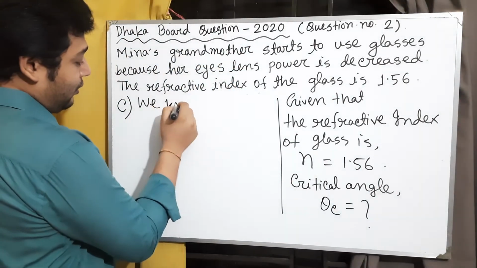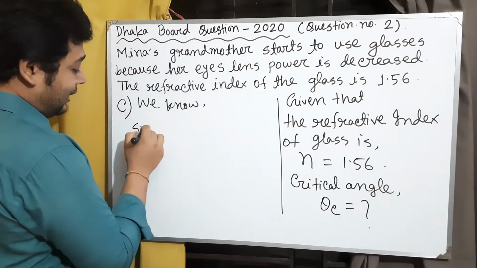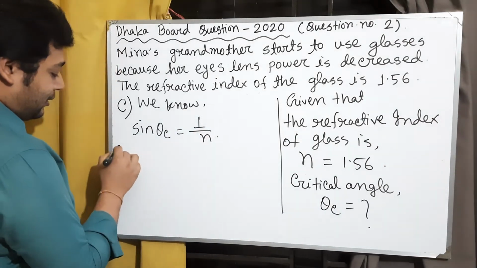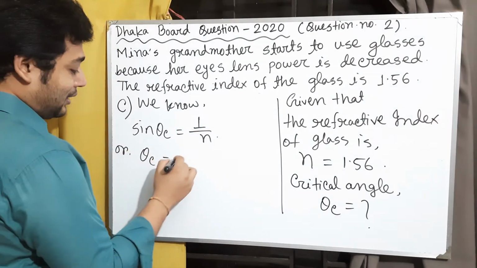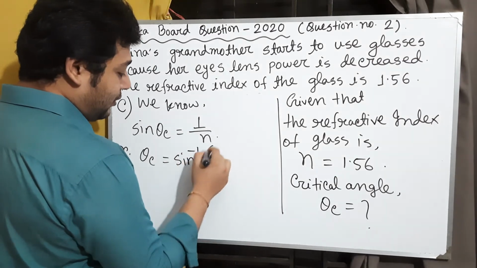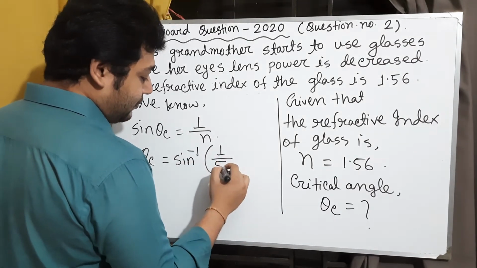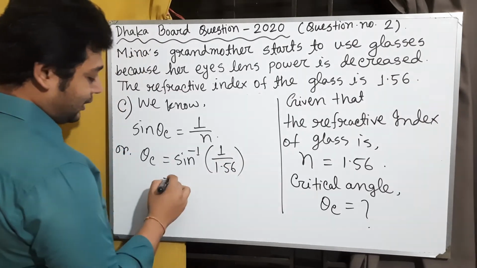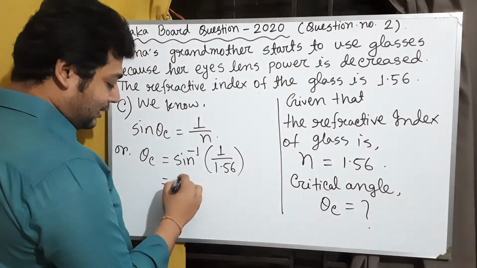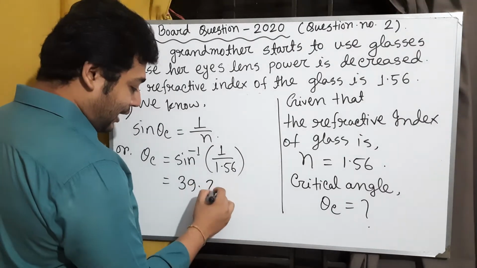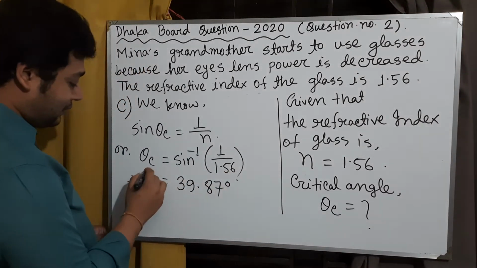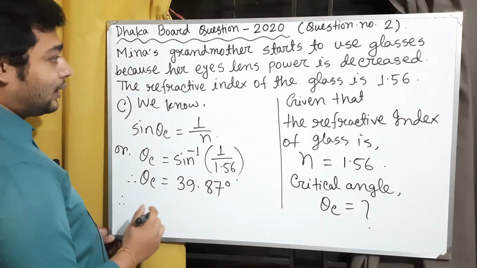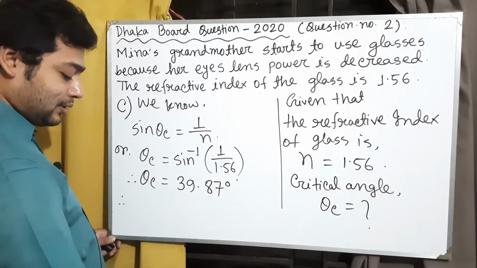We know sin theta c equals 1 by n. So theta c equals sin inverse of 1 by 1.56. Now the value is 39.87 degrees. Therefore theta c is 39.87 degrees.